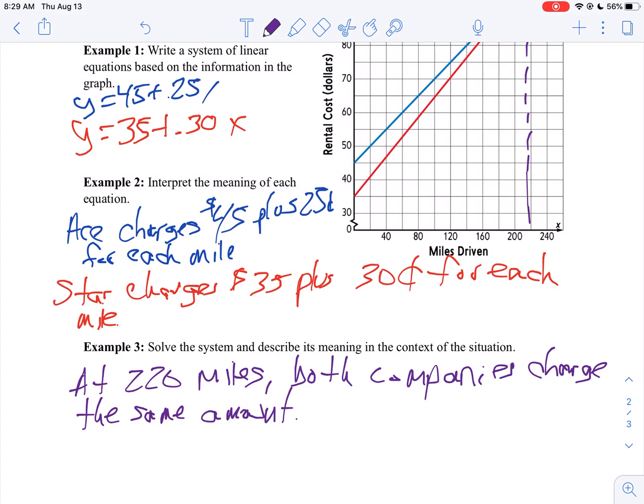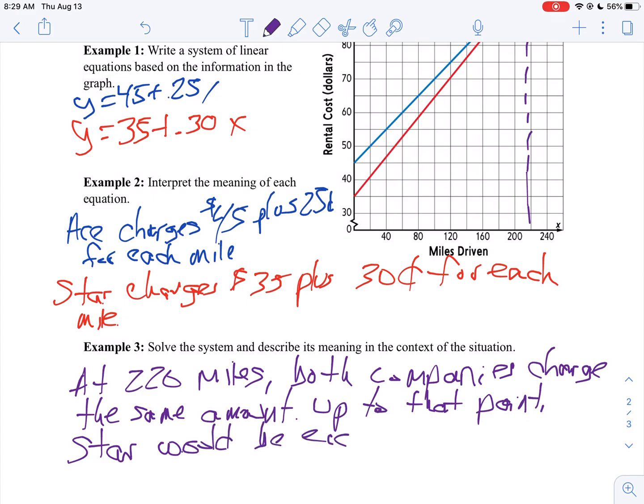Which means since Star charges less to start with, so up to that point, Star would be more efficient. More economical, we should say, because it's cheaper.